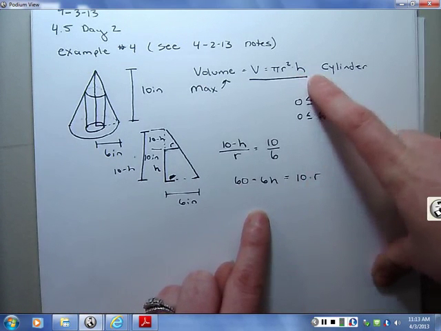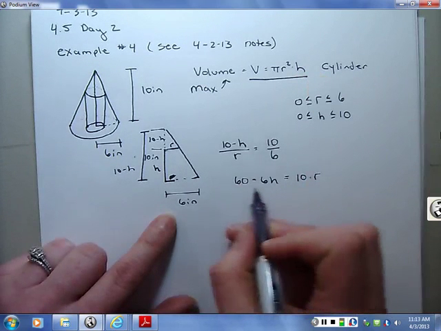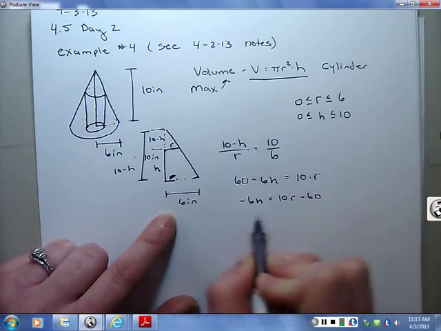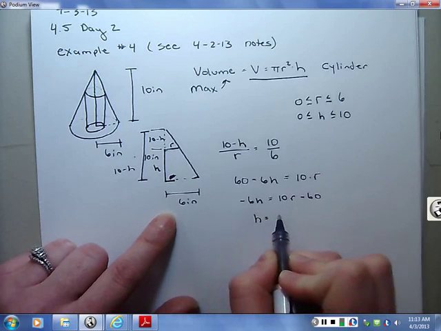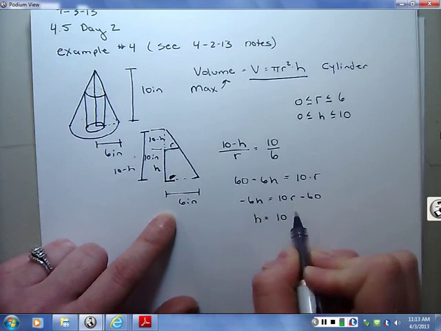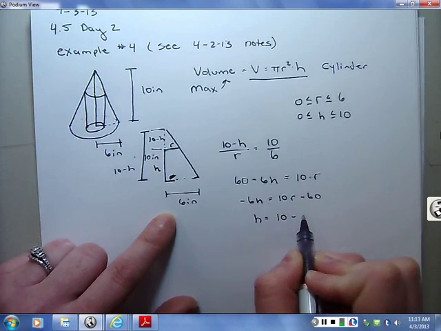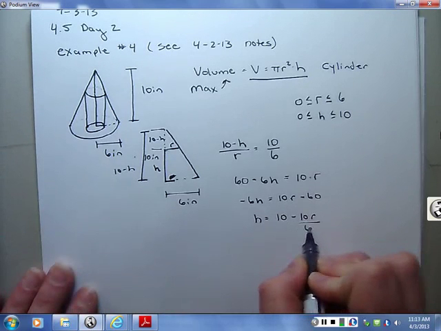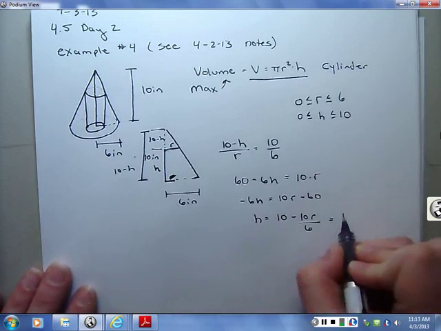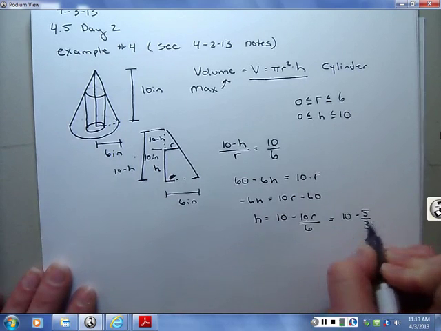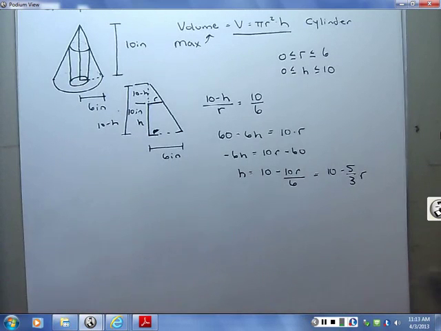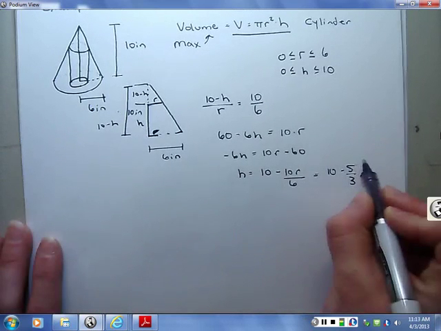So I want to solve for h, so then I would have minus 6h equals 10r minus 60. H would equal 10 minus 10r over 6, which would equal 10 minus 5 over 3 r. So doing some switching around and dividing by 6, this is what h is.